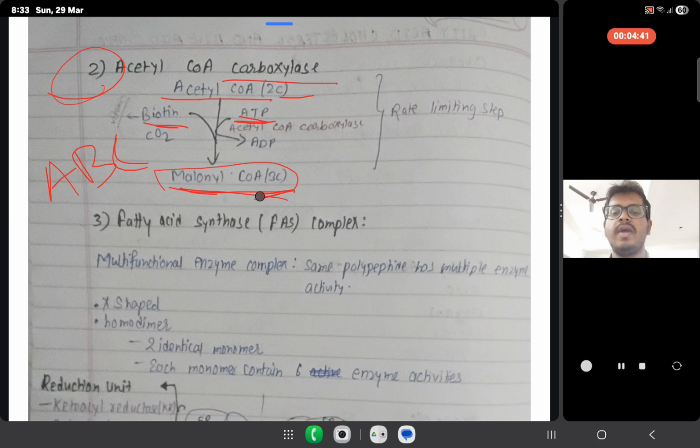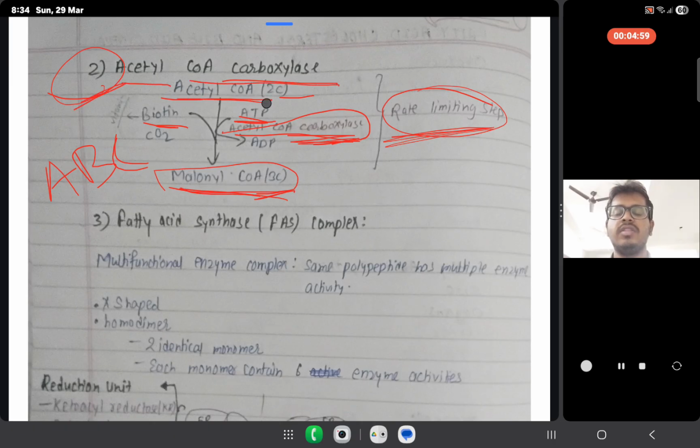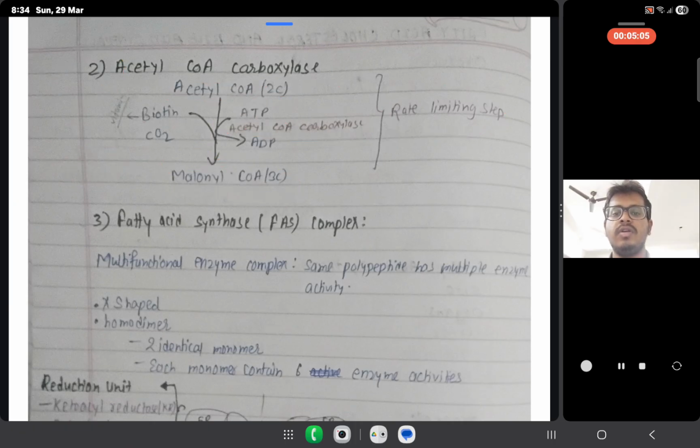This is the rate limiting step, so acetyl coenzyme A carboxylase is the rate limiting enzyme. So again, the second step is acetyl coenzyme A carboxylase: acetyl coenzyme A, a 2 carbon compound, is converted to malonyl coenzyme A in presence of ATP, biotin and CO2.